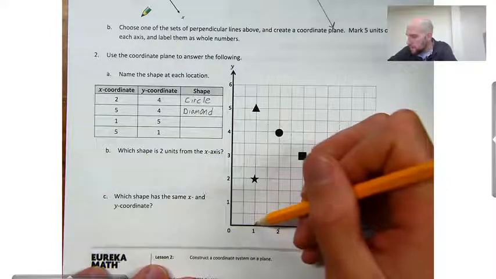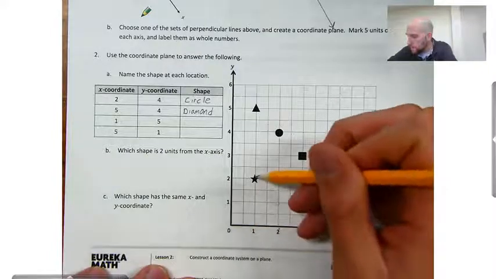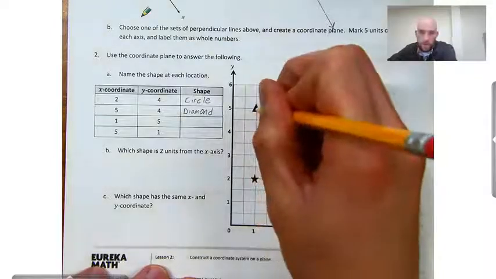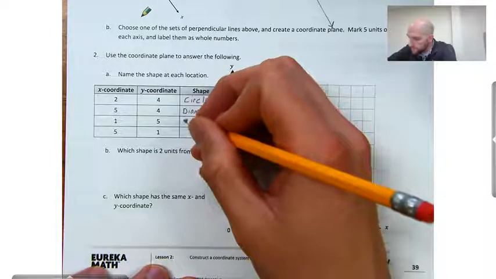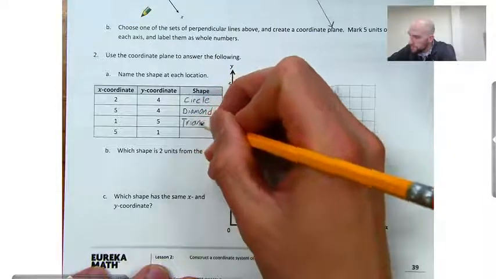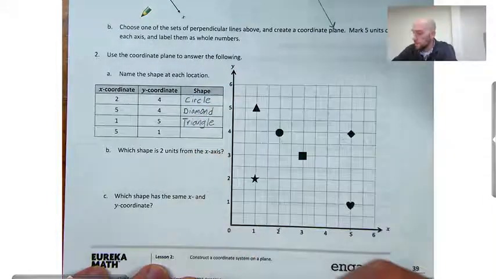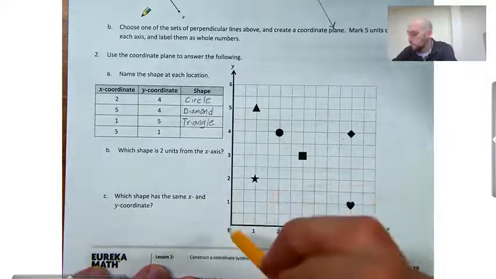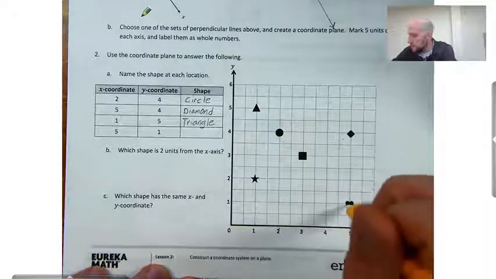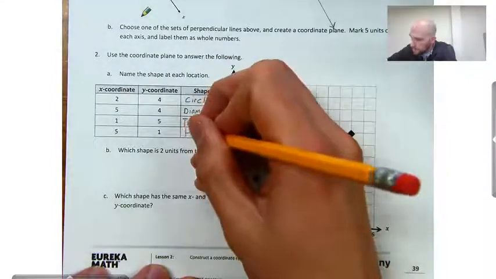So we have 1, 2, 3, 4, 5. And we have our triangle at 1, 5. And our last one is 5, 1. So we have 1, 2, 3, 4, 5, and then up 1, and that's going to be our heart.